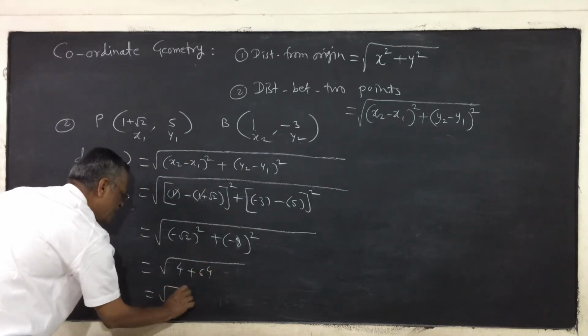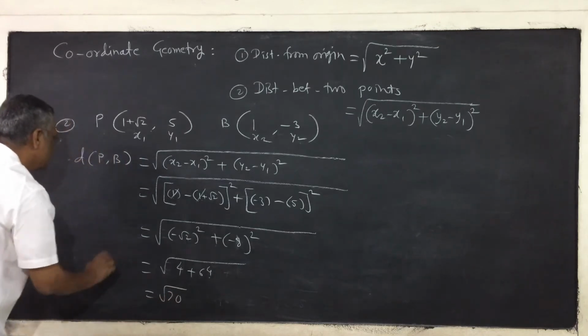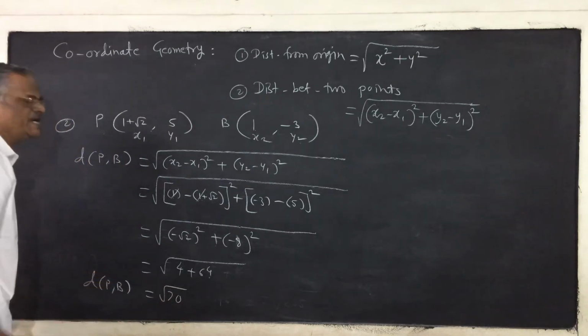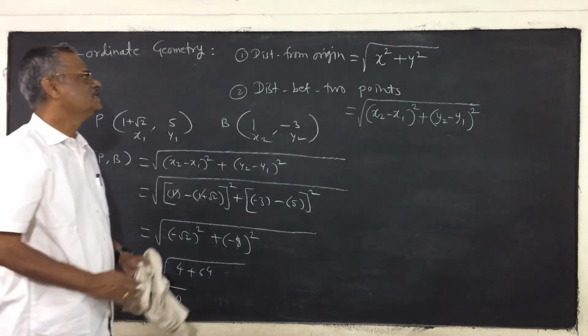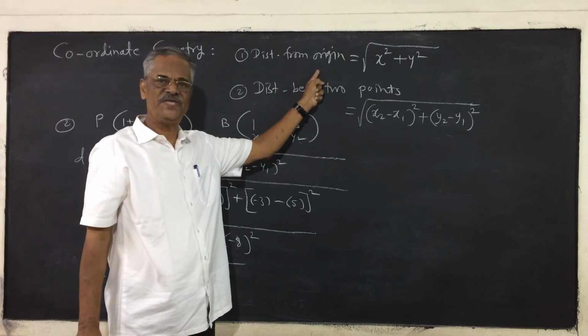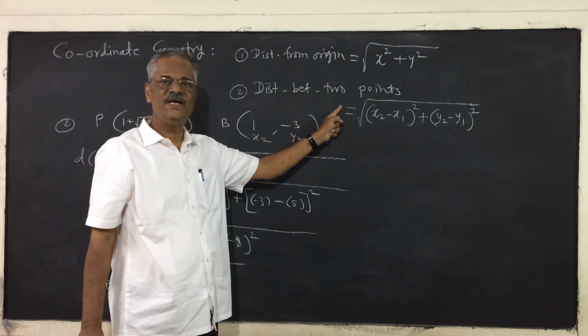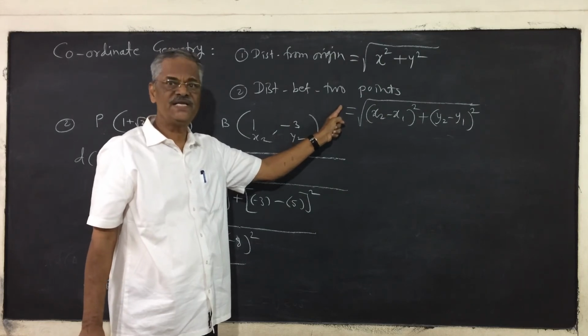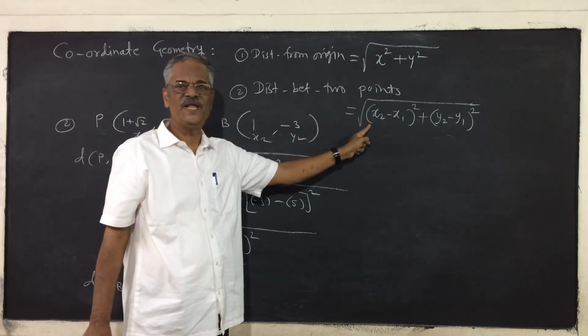So what is that number there? Distance between P and B, you are getting root 66. So this is distance from origin. This formula, it is the distance between 2 points. When the coordinates are given, we are using this formula.